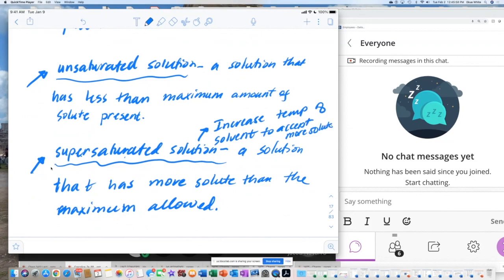That's all we're doing, adding more heat to the solvent to allow it to accept more solute than it normally would. And in doing so, you make a supersaturated solution. Any questions about this?